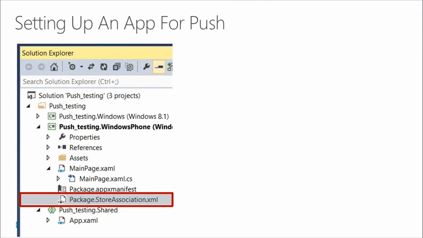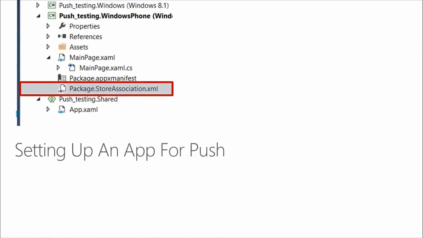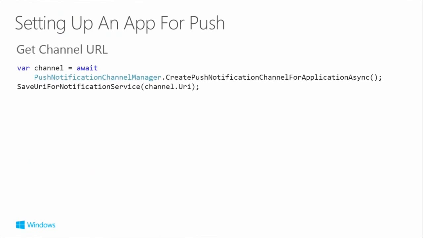That store association is going to be stored in this package.storeassociation.xml file, and that's where you can go to get some of that information. So here's the code for getting that channel URI, which you're actually going to see in the next demo. It's really simple. We just do an await for our push notification channel manager CreatePushNotificationChannelForApplicationAsync, and then we can save that notification.